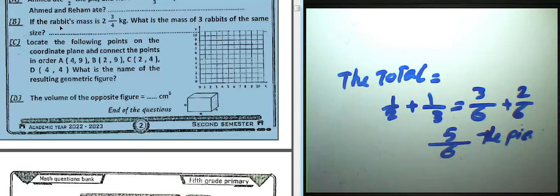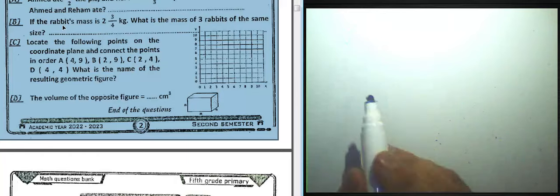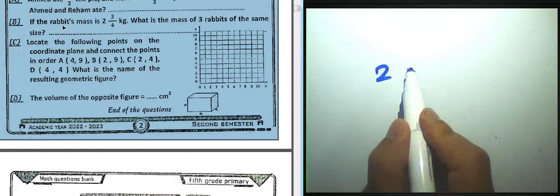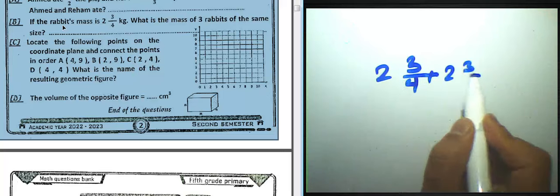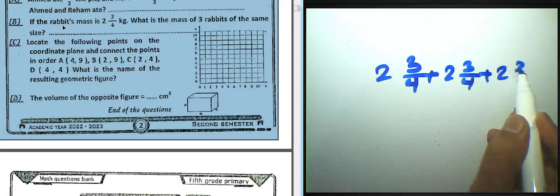Letter B. If a rabbit's mass is 2 and 3/4 kilograms, what is the mass of 3 rabbits of the same size? We can find the mass of 3 rabbits using multiplication. Or you can write 2 and 3/4 plus 2 and 3/4 plus 2 and 3/4.